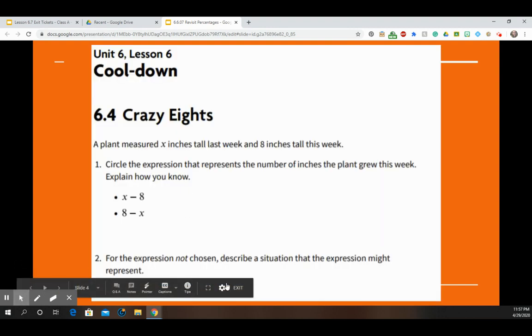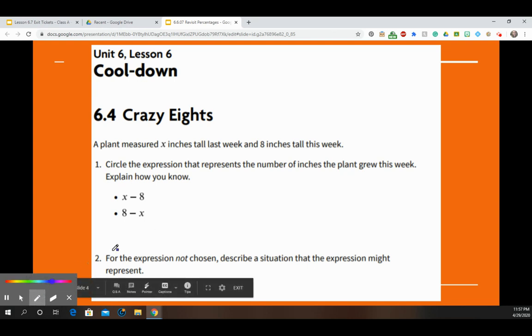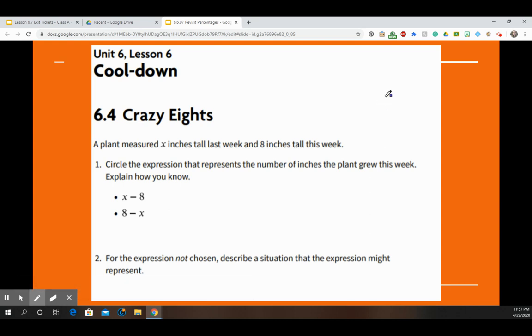So let's go over the exit ticket. A lot of you guys did really well with this. The problem was a plant measured X inches tall last week and 8 inches tall this week. So I'm going to start off by drawing a diagram to help me figure out what this question is asking me. So last week, it was X inches tall. I don't know how many inches that is, but it's X, right?